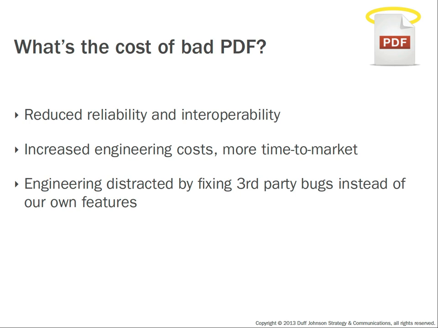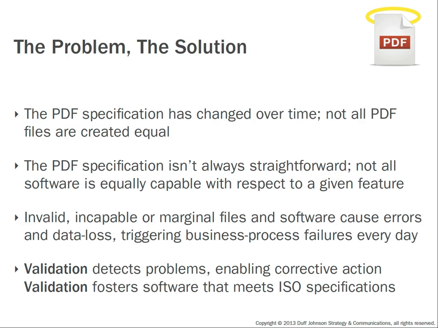And of course, because it increases engineering costs and time, it slows down your ability to rev the product and slows down the time it takes to get that product to market. And probably worst, instead of coming up with new features and new exciting ways to integrate with other kinds of implementations, or some amazing fancy new thing that's going to blow them away over in SharePoint land, or whatever it is you're planning to do, you wind up taking developers and putting them onto bug patrol. Somebody else's bug patrol.